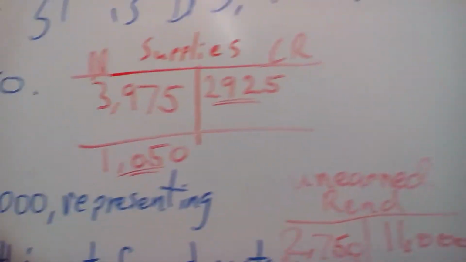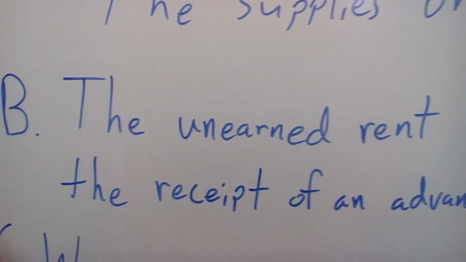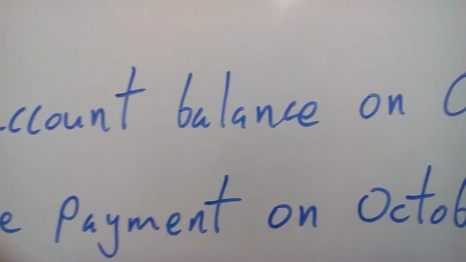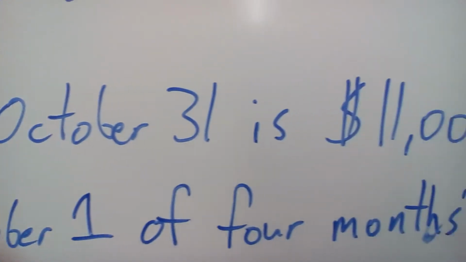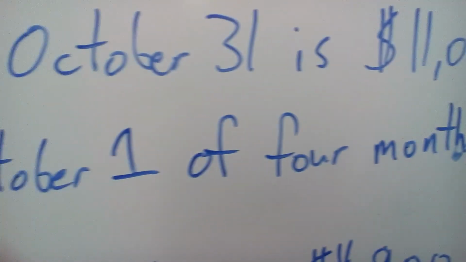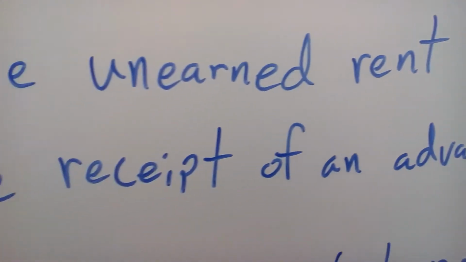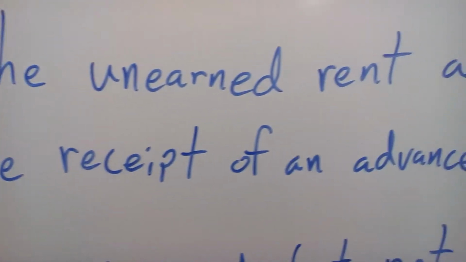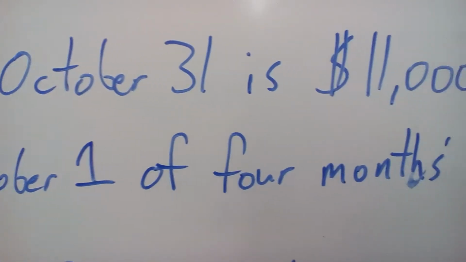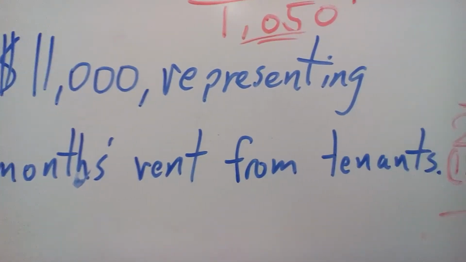All right, for the next one, B, the unearned rent account balance on October 31st is $11,000, representing the receipt of an advance payment on October 1st of 4 months rent from tenants.